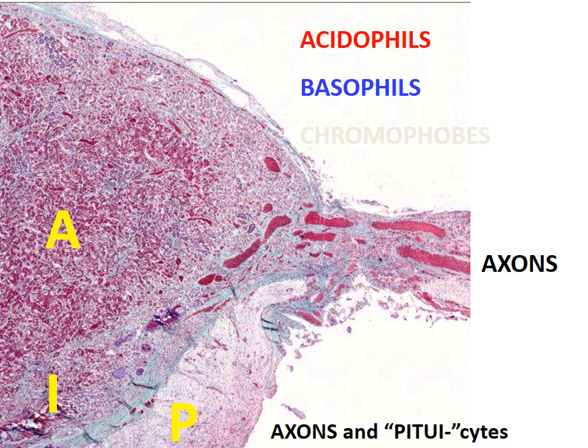This is the histologic picture of the anterior pituitary gland. The anterior pituitary gland comprises acidophils, basophils, and chromophobe cells.